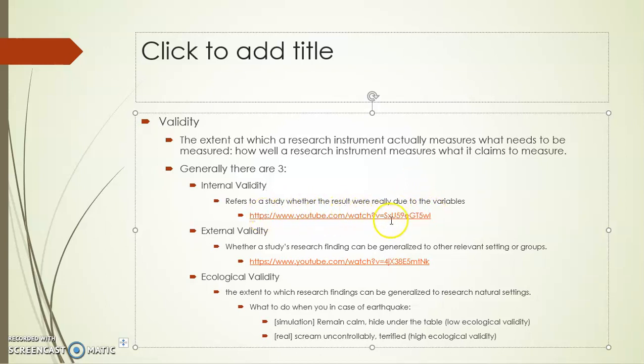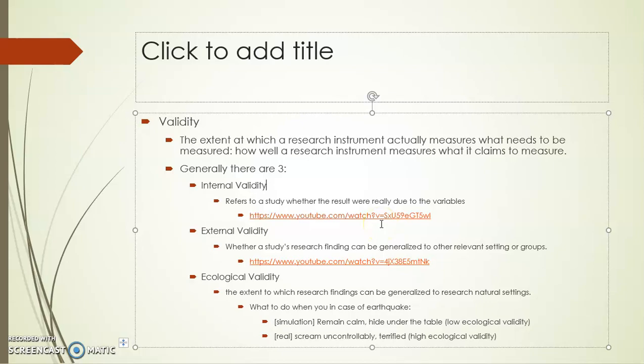Okay, I think I'll post it on this YouTube video, which will lead you to a video that will help to explain in a bit more detail what internal validity is. Right, so if it's a good internal validity, then the independent variable actually affects the dependent variable. Alright, what does that mean? You'll watch the video.